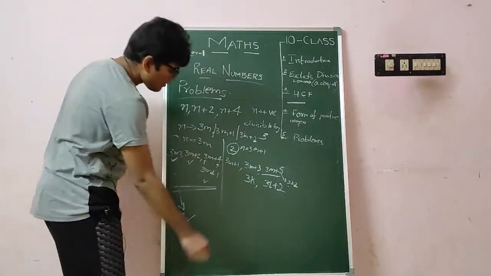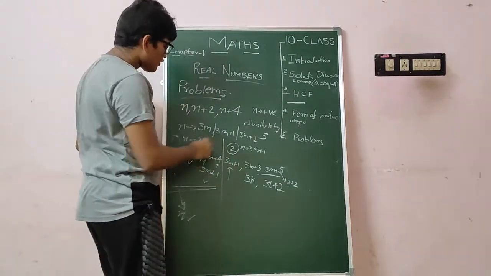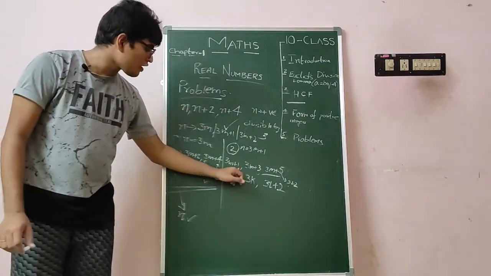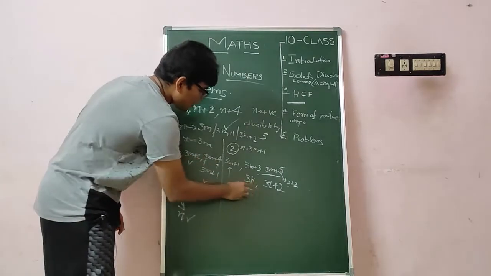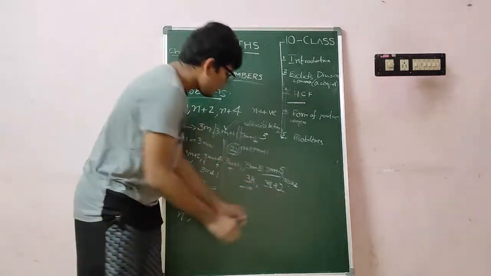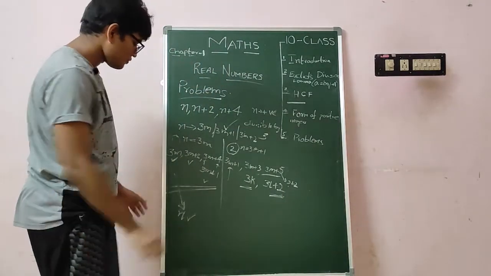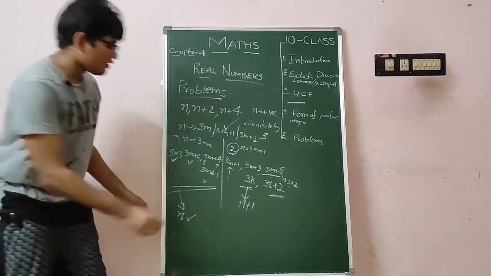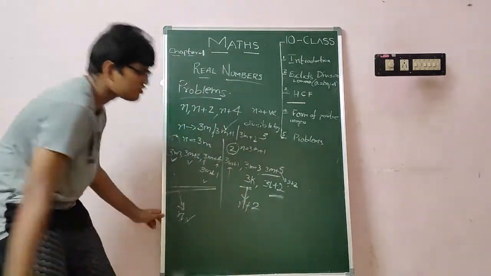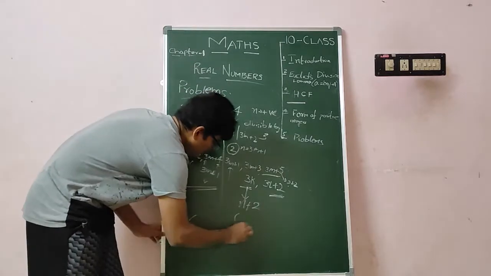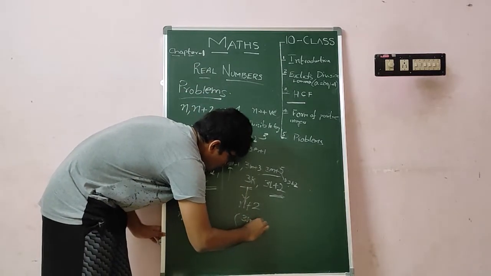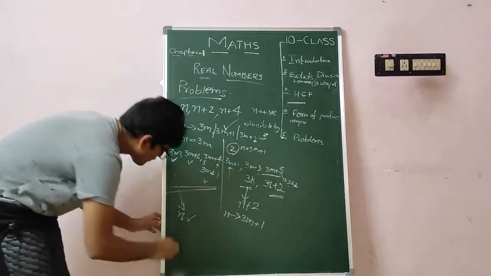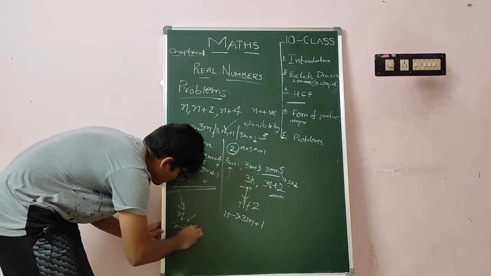So here we can see, when we take a number in the form of 3m plus 1, the first number, that is n, will leave a remainder of 1, the second number is exactly divisible by 3, and the third number will leave a remainder of 2. Here n plus 2 is divisible by 3 when n is in the form of 3m plus 1.